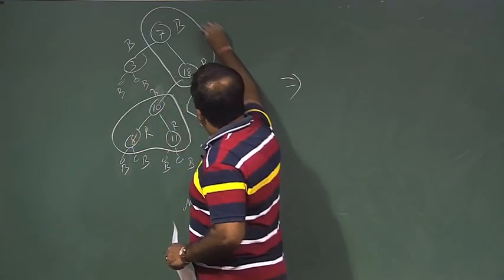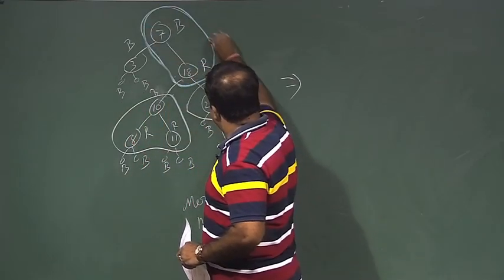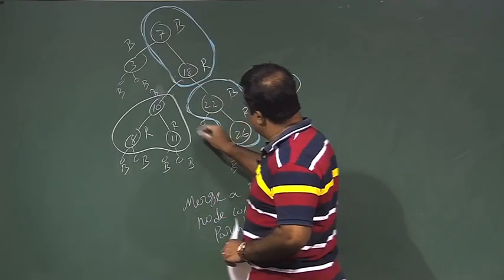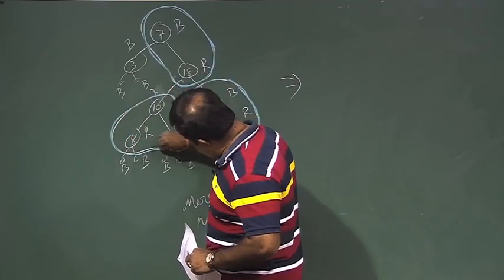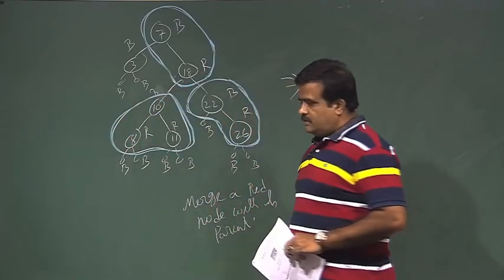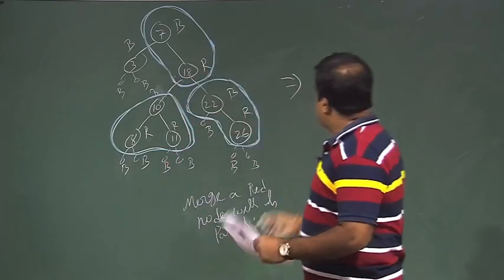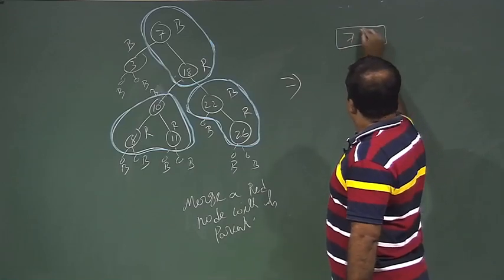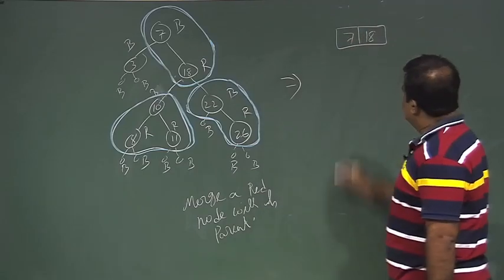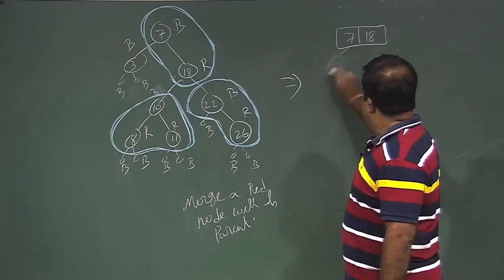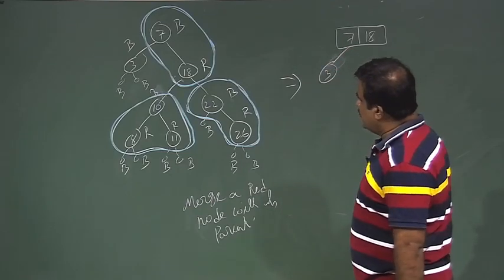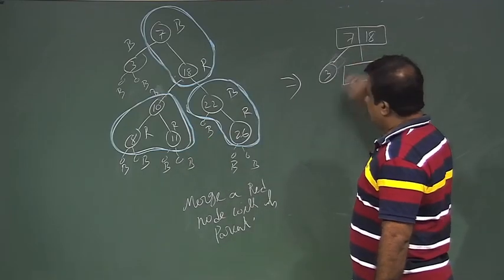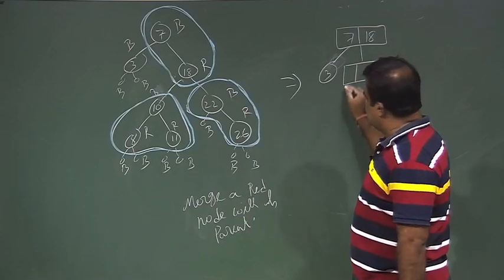This is a red node, this we are going to merge with the parent. Every red node is merged with the parent. Now if we do that, then this tree will convert into this tree. So 7 and 18 are merged, and it has one child 3, and we have another child which has 3 nodes, because those nodes have merged.